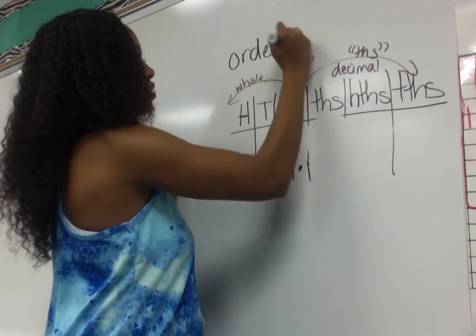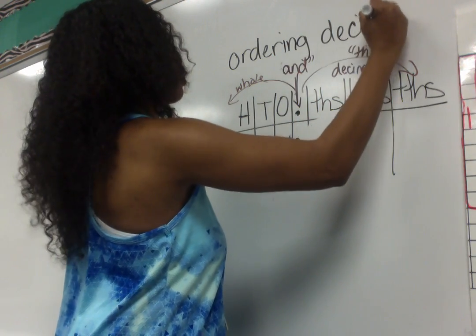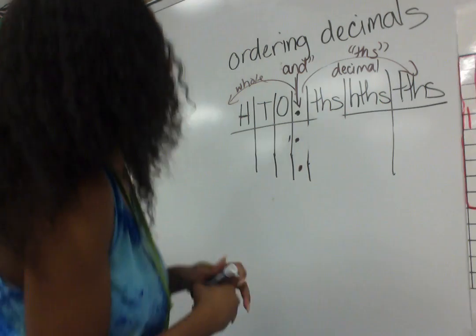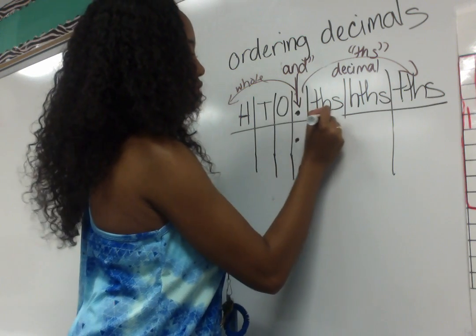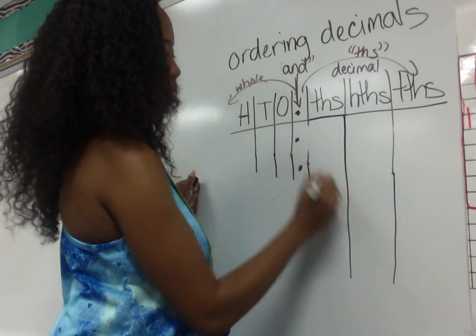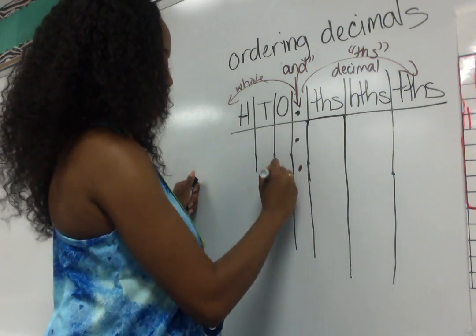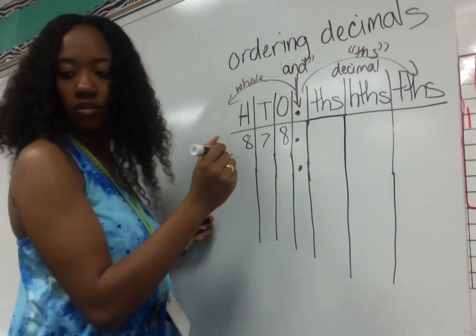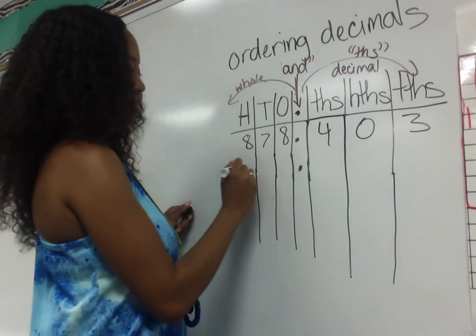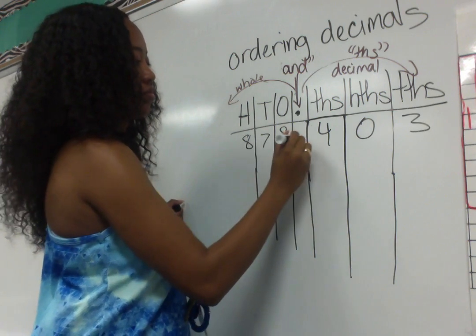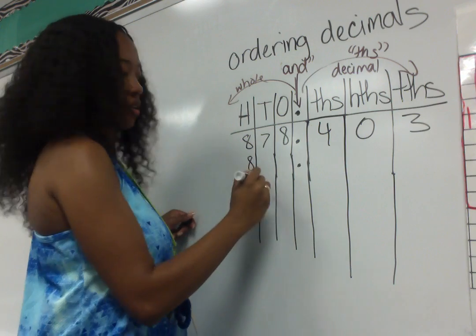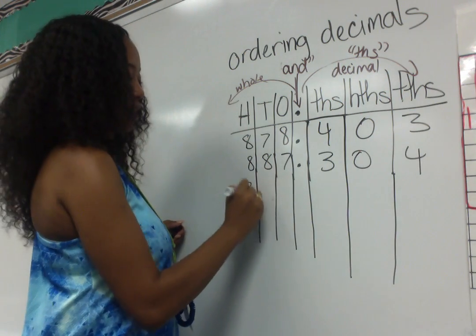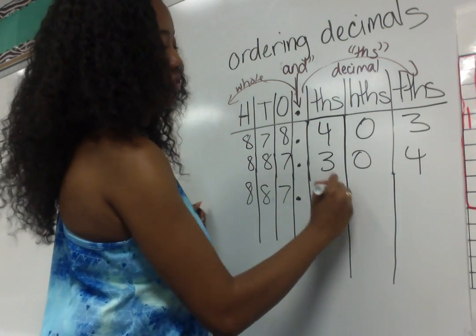Ordering decimals. Oh, I didn't do it in that. 887 and 304 thousandths, 887 and 43 thousandths, 878 and 403 thousandths.